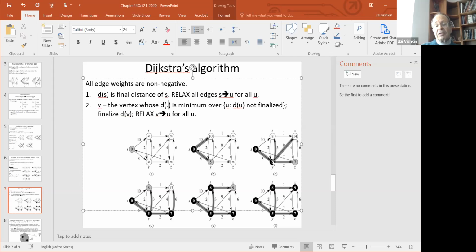And then, after we do that, we look at all the outgoing edges from Y, and we relax them. It means that going in the direction of T, we have 5 plus 3, and we ask, is it a better deal than 10? Answer, yes. So 5 plus 3 is 8, so we replace the 10 by 8.